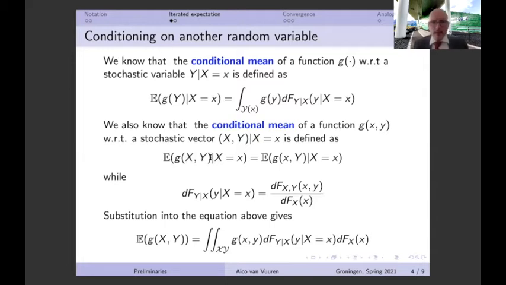However, as I already said, even though this looks a lot more difficult than the multivariate case that we had before, this is actually becoming simpler. The reason is that even though this still looks like a mean of the random variable, or actually better to say the random vector (X,Y), that's in fact not true. This is a mean where we assume that we already know that the outcome of X is equal to little x.